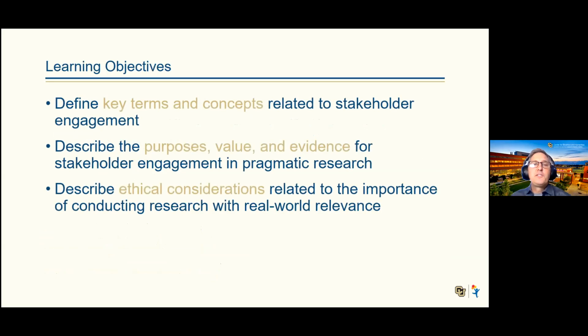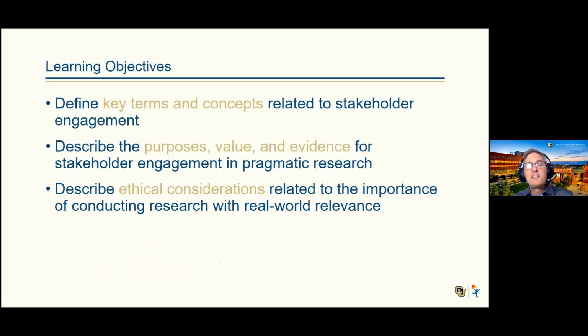So I'm going to do the following, which are the learning objectives that we laid out for this session. I'll speak a little about some of the key terms, and we'll talk about some of the concepts related to stakeholder engagement along the way. And then we'll talk about some of the purposes and value and the evidence for using stakeholder engagement.